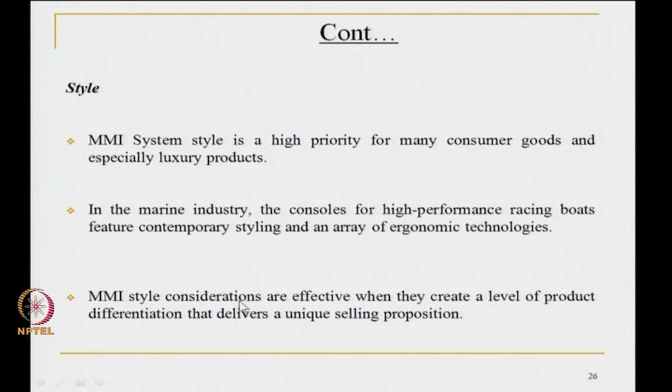Man-machine interaction style considerations are effective when they create a level of product differentiation that delivers a unique selling advantage, and back you are to seeing an interface between profits and engineering action.